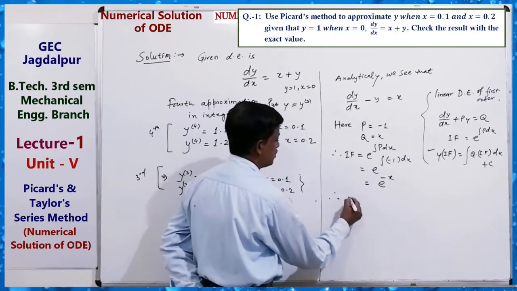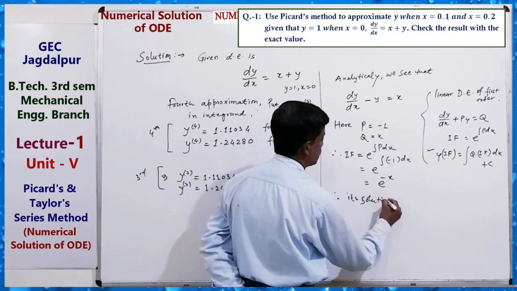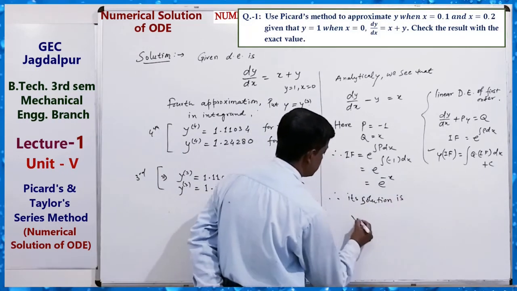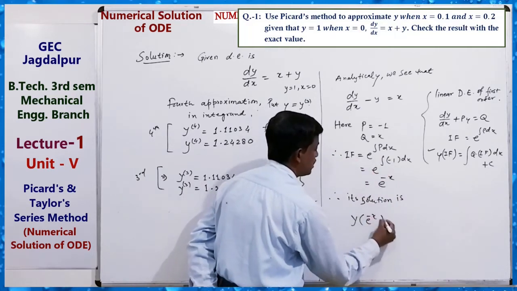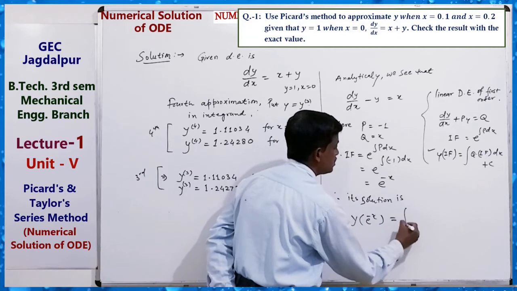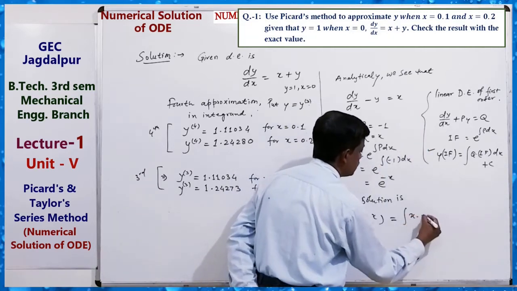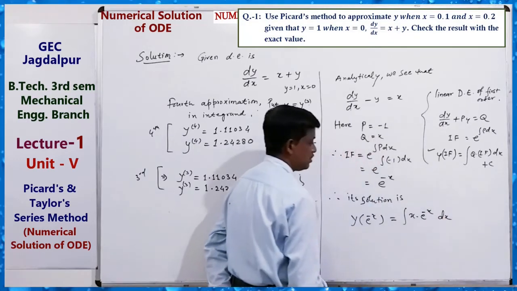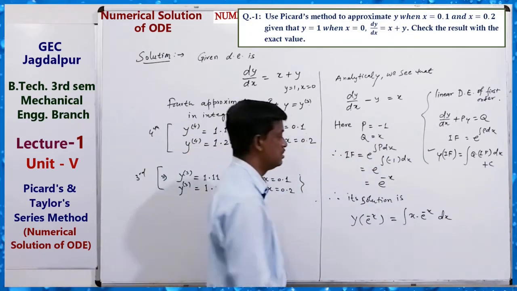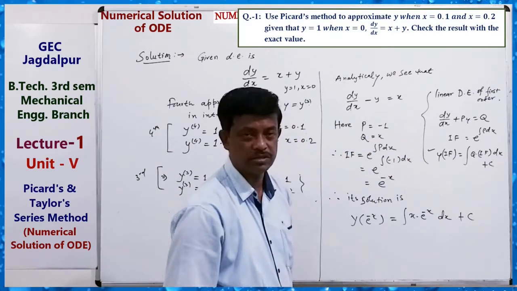Therefore, its solution is y into IF, that is y e to the power minus x, equals integration of x into e to the power minus x dx plus c. This is an analytical solution with an arbitrary constant.